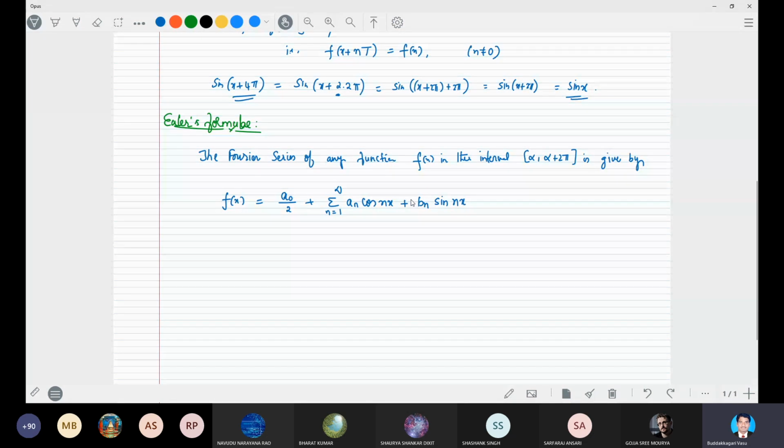Here the b_n term you may also write as a separate sigma, or include in the same sum from 1 to infinity.